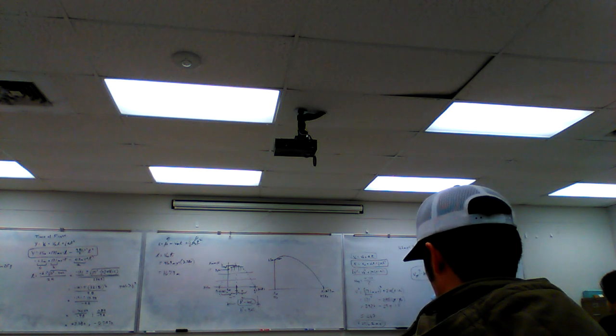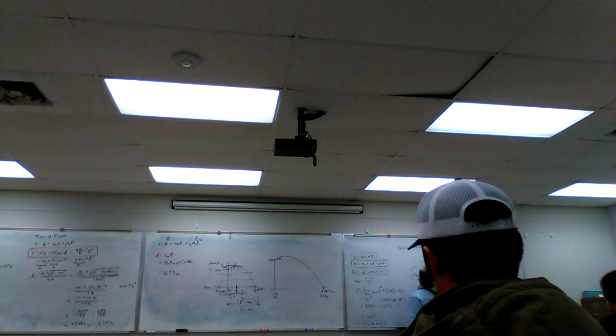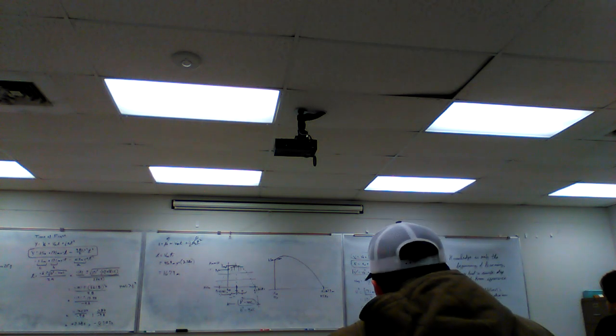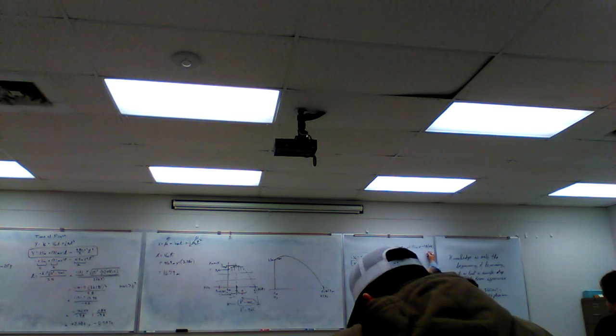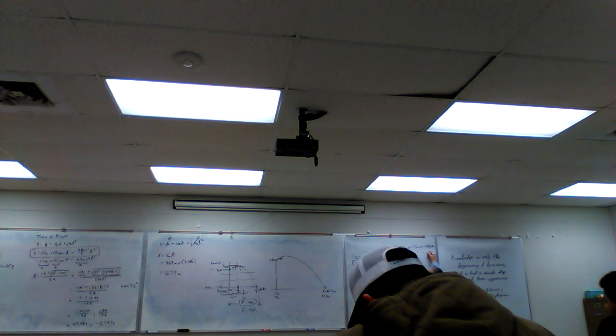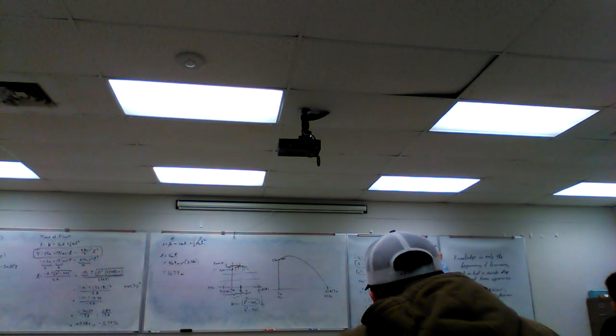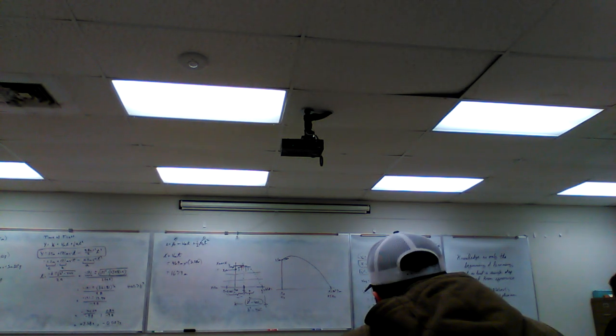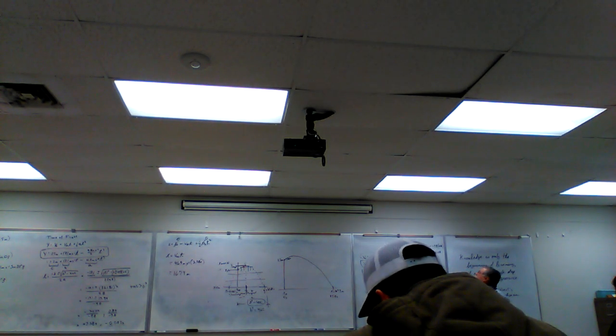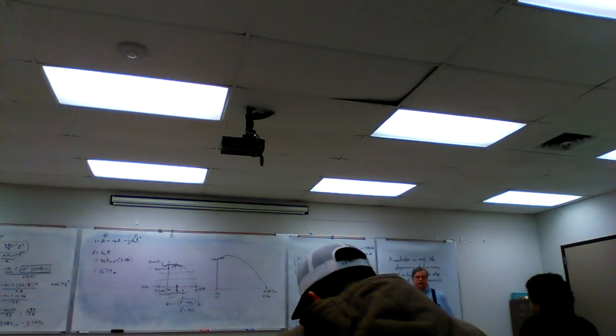Okay? Someone do the arithmetic. What's 9.8 times 3.58? 35.08. This is actually looking pretty good, isn't it? Now what's 17.1 minus 35.08?